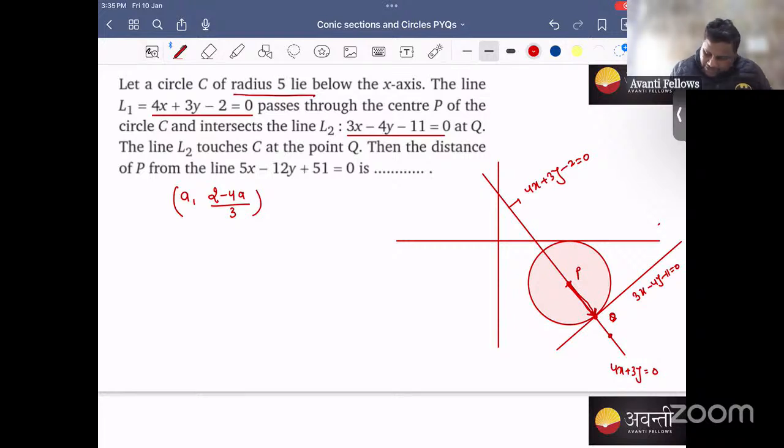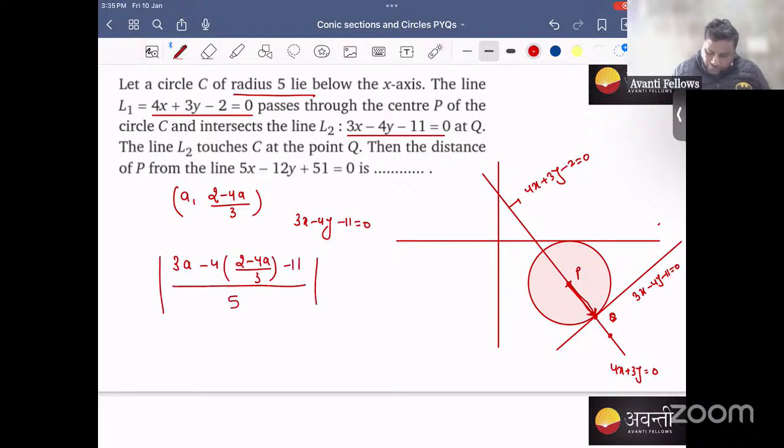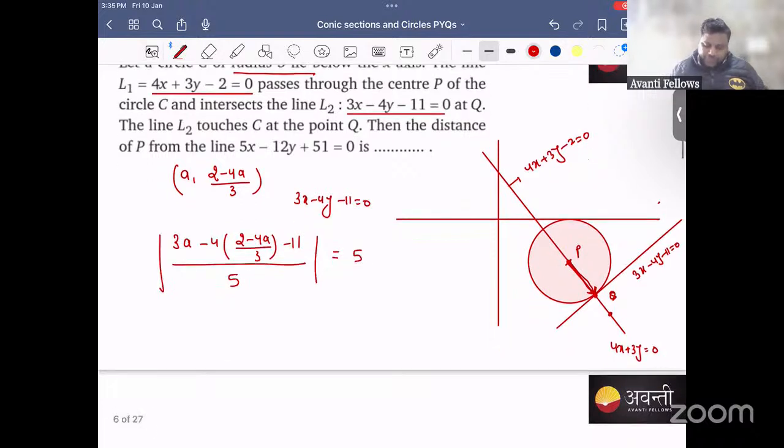So the line is 3x minus 4y minus 11 equal to 0. If I use the distance formula, it will be |3a minus 4 times (2 minus 4a by 3) minus 11| upon 5, and this equals 5.